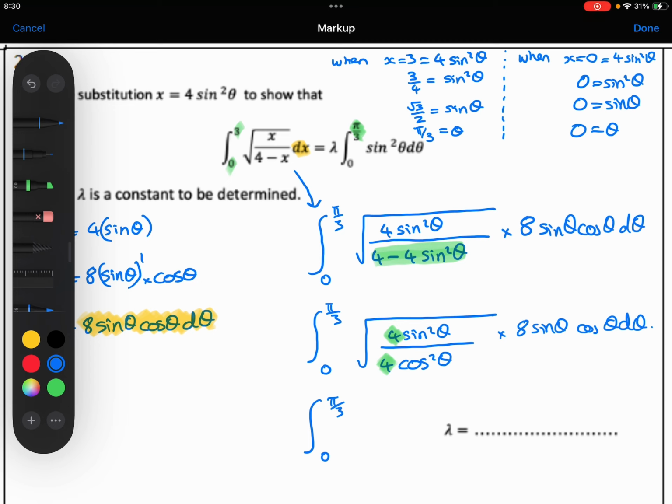Then I'm left with the square root of sine squared theta over cos squared theta times 8 sine theta cos theta d theta. Now, square rooting these sine squared and cos squareds, well, they're just going to cancel out. The square root of sine squared over cos squared is just sine over cos.